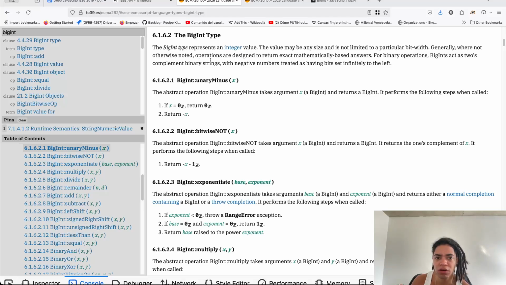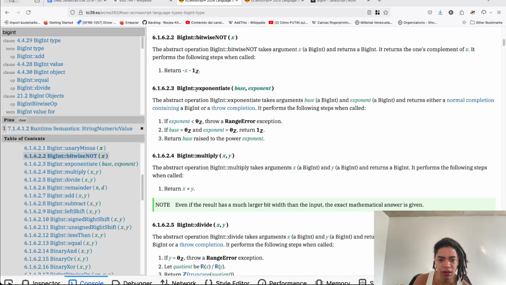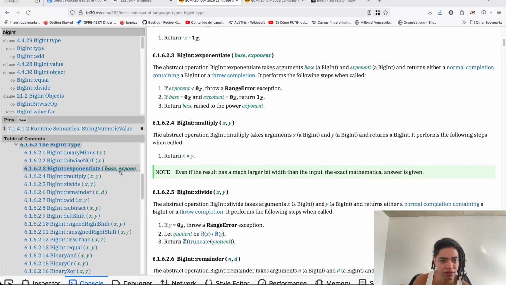Generally, where not otherwise noted, operations are designed to return the exact mathematically based answer. For binary operations, BigInts act as two's complement binary strings, with negative numbers treated as having bits set infinitely to the left. BigInt unaryMinus, BigInt bitwiseNOT, BigInt exponentiate.